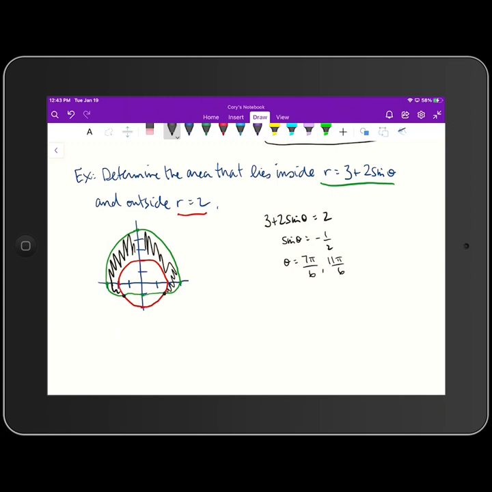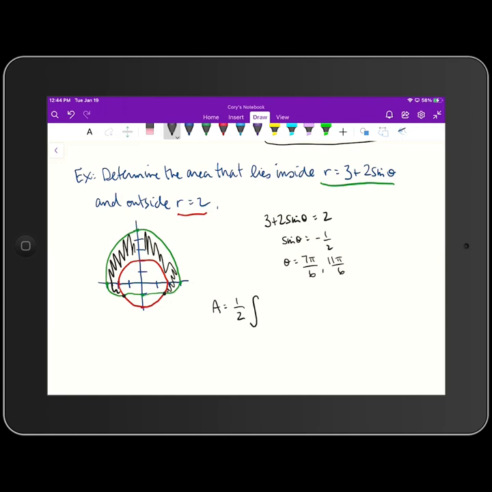Okay, so again, we can tell that this area here is enclosed by two curves. Here's what I would guess. If I were to ask you guys to set up an integral to calculate this, I would guess the majority of you would do this. So you would do 1/2. Don't write this down, by the way, because it's incorrect.